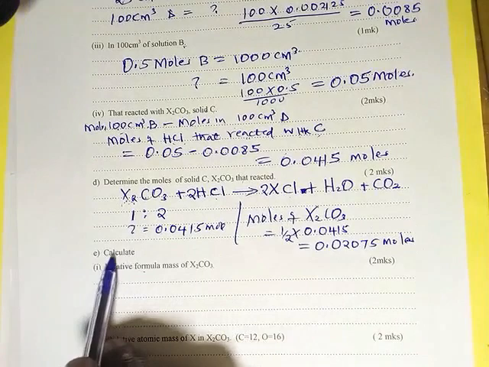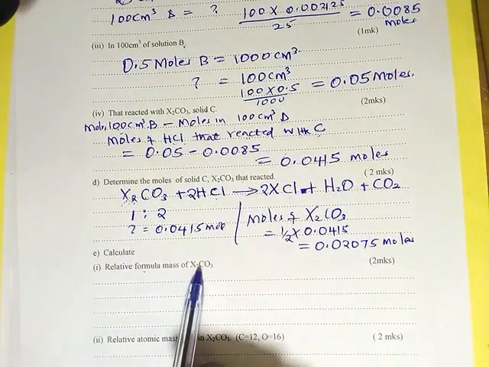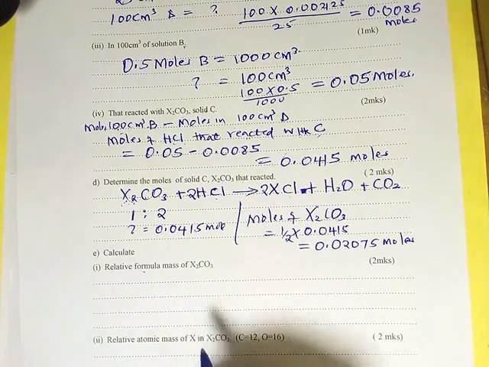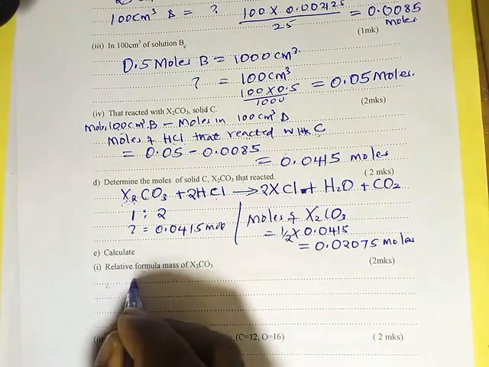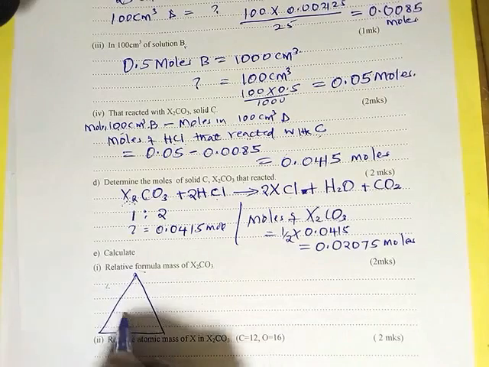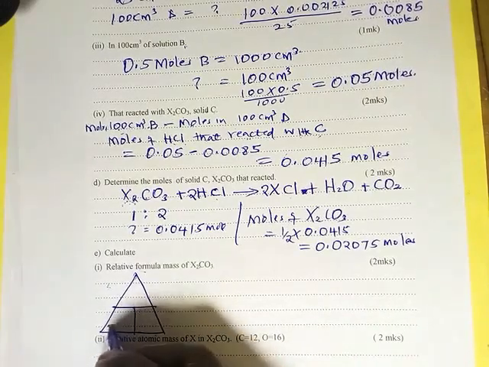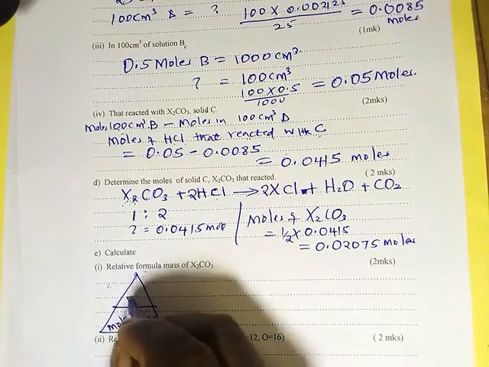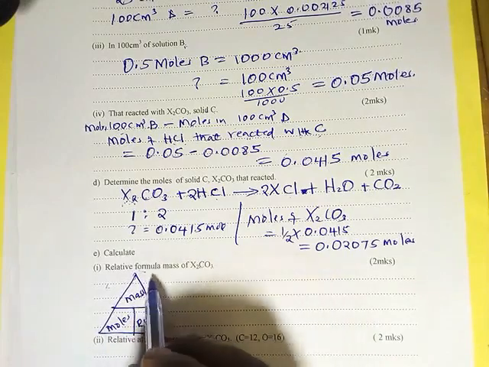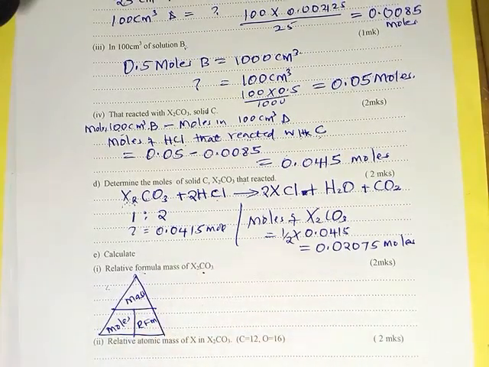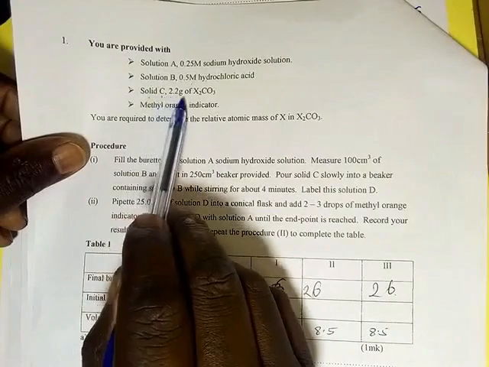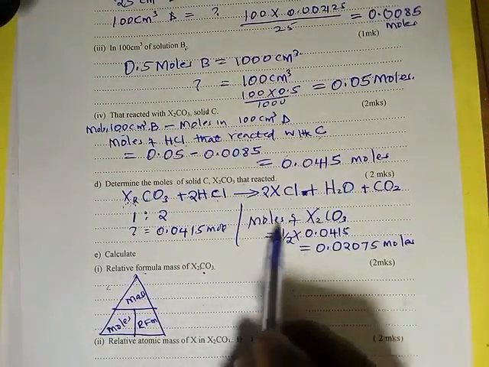So the next question is calculate the relative formula mass of the carbonate, RFM. We can use this triangle: moles, RFM, mass. Now we have the mass of the carbonate. Remember, we were given the mass of the carbonate, solid C, which is 2.2 grams. And we have the moles of the carbonate.